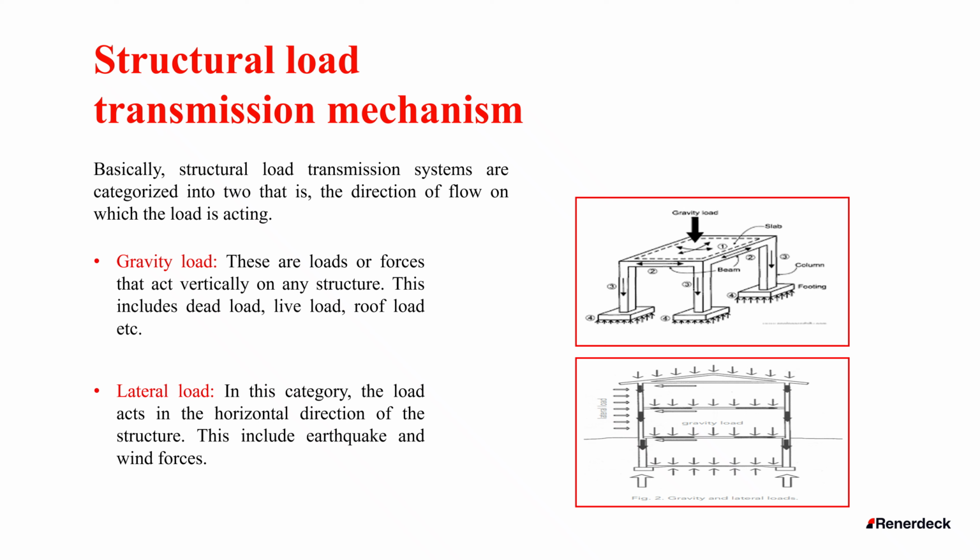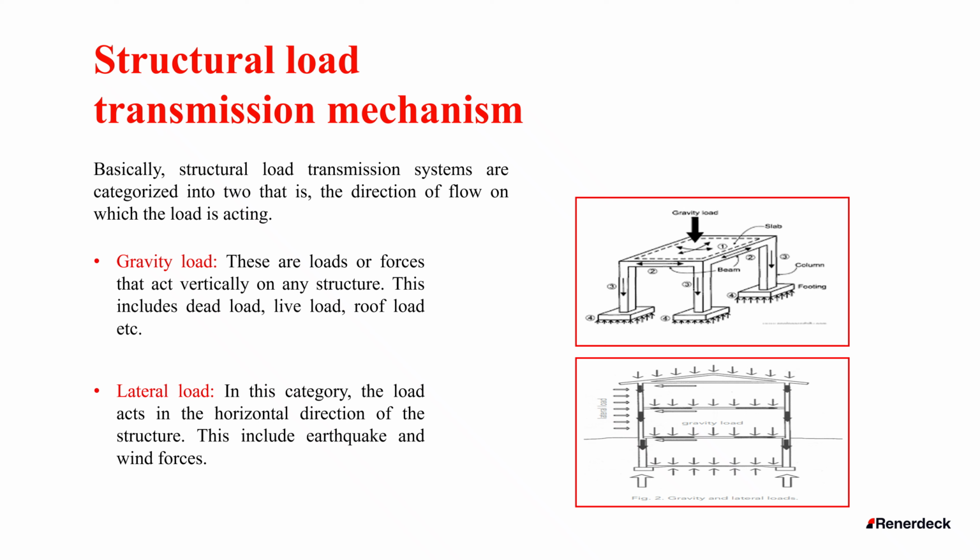Let's say there are machineries on the first floor. Those machineries are going to act vertically. The forces are going to be transferred vertically to the substructure, which is the foundation, then to the soil. At that stage, the machineries are acting as gravity load, acting directly on the slab, from the slab to the beam, then from the beam to the columns, then to the foundation.